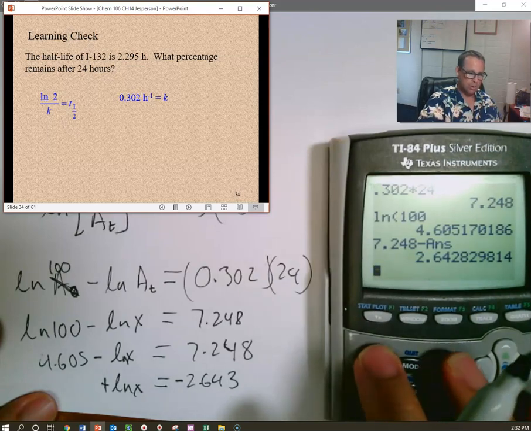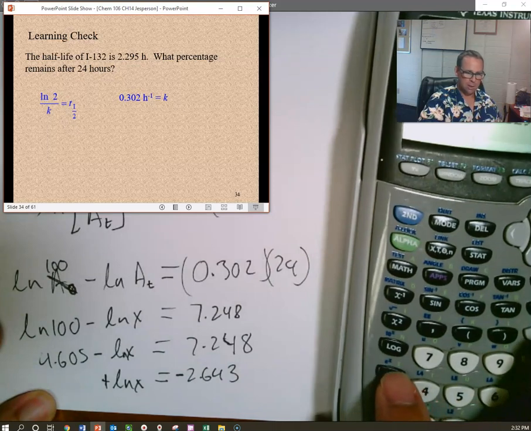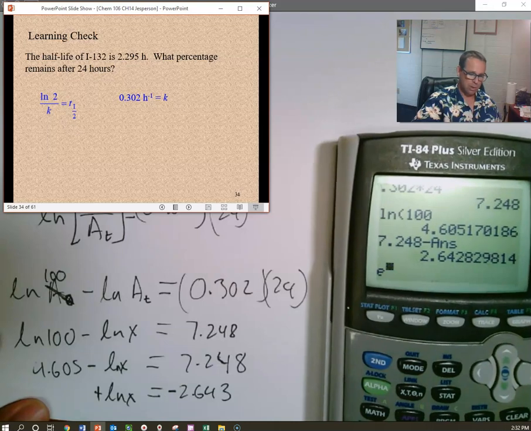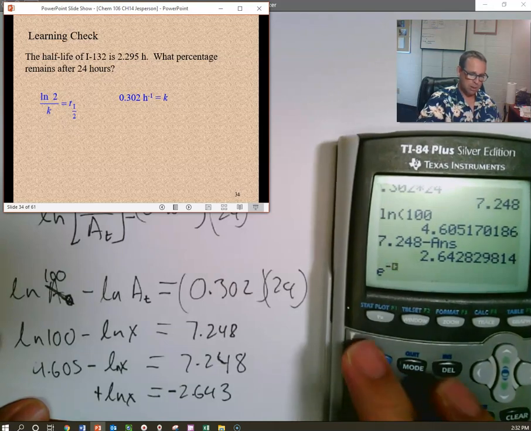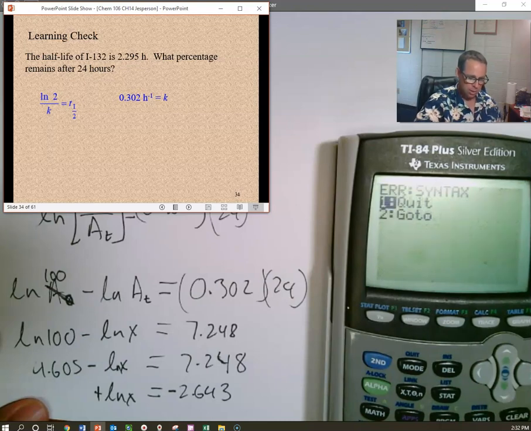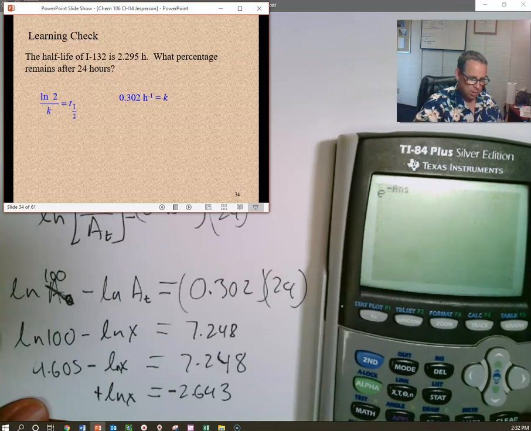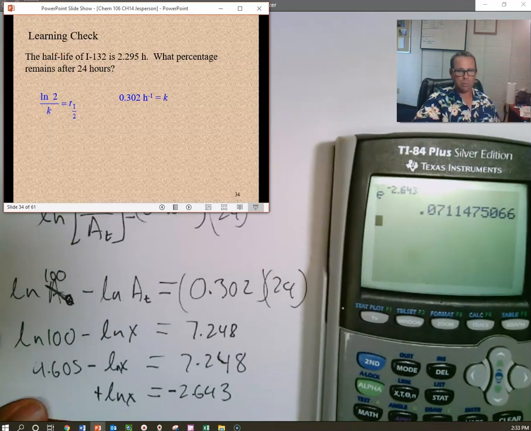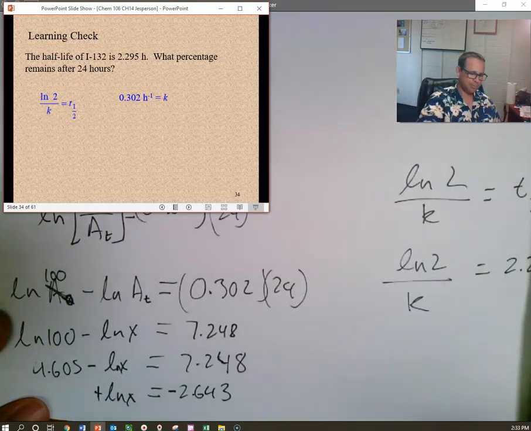On the calculator, I go second, and then I click on natural log there, and it's going to raise e to this value, negative 2.643. Let's try that again. I'll just type it in. Negative 2.643. There we go. All right, so the answer is 0.0711.